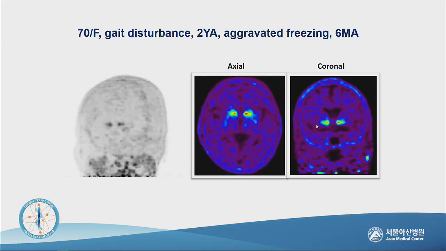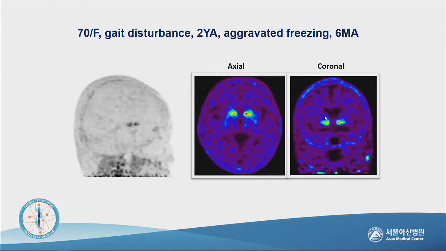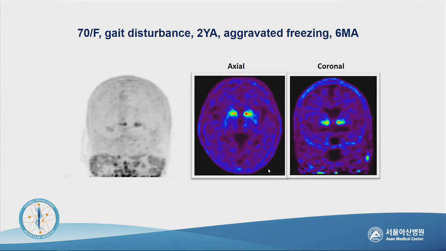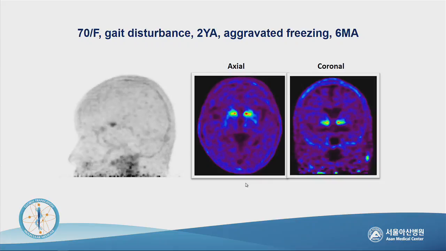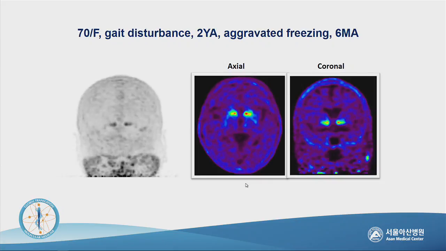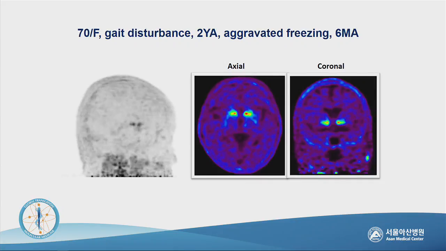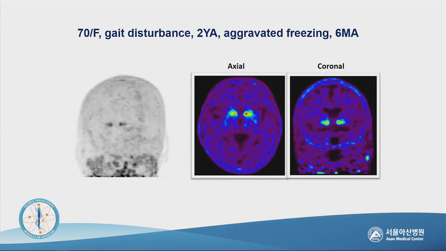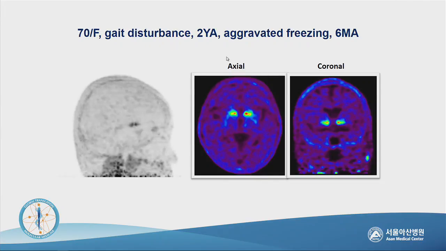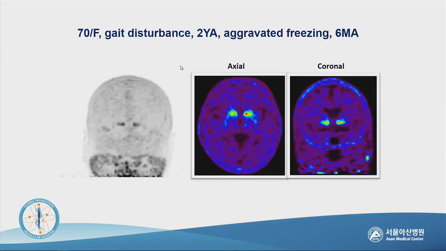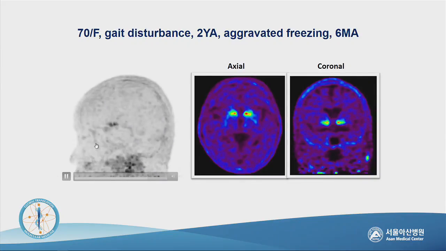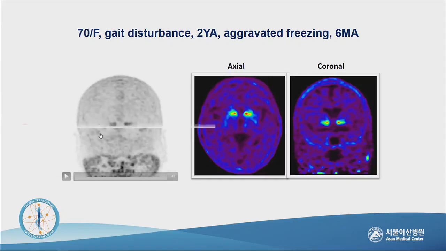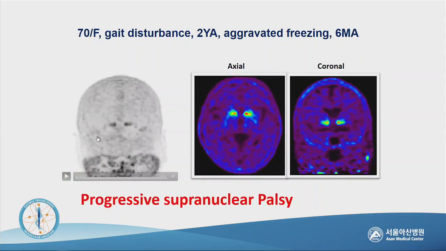In the coronal image, the caudate uptake is severely decreased. Do you think that this case is an advanced stage of PD? But the symptom duration is only 2 years. So the final diagnosis is progressive supranuclear palsy.